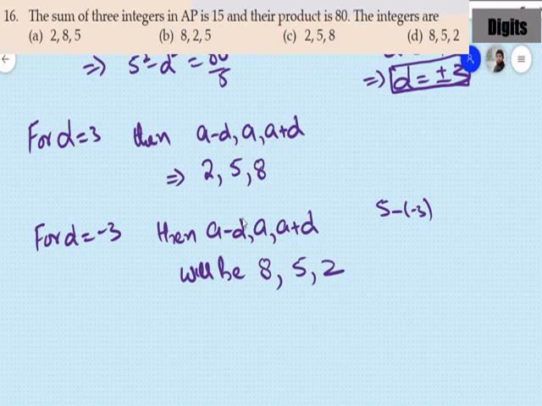Therefore it has two options. The options C and D are the correct options.